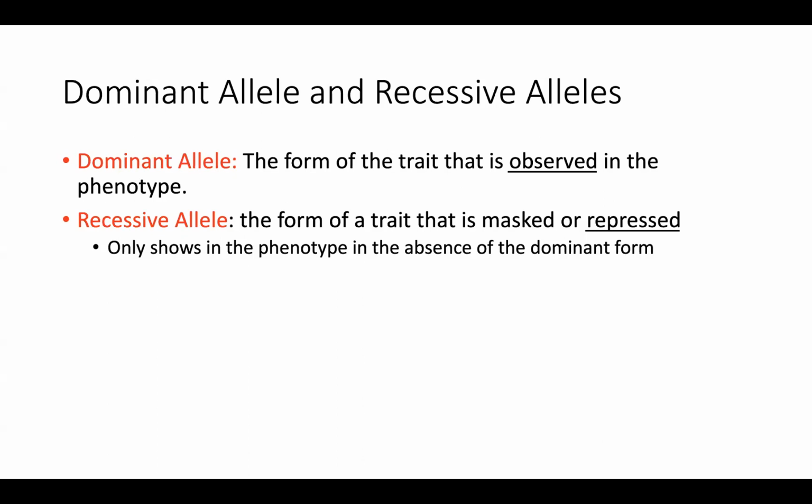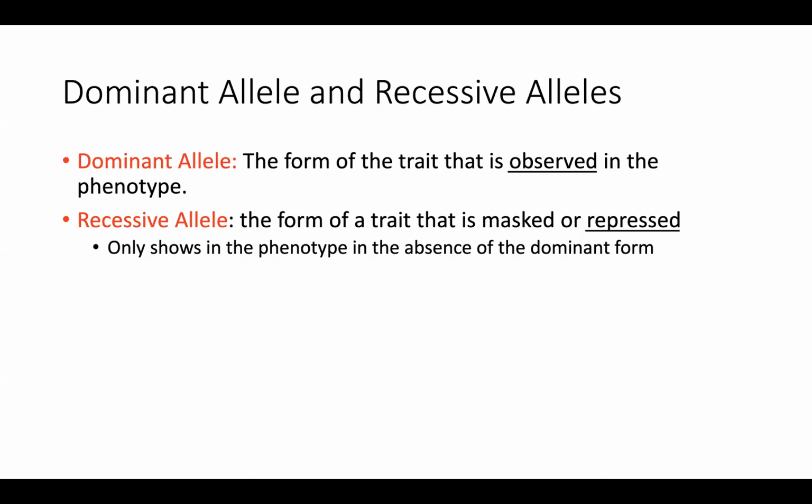The only time we see the recessive form of the allele in the phenotype is in the absence of the dominant allele. So what does that mean? That means this recessive trait has to exist in a homozygous pair of alleles. It has to be two copies of a recessive allele in order to actually see that trait in the offspring.